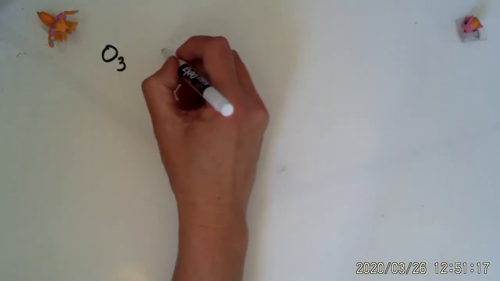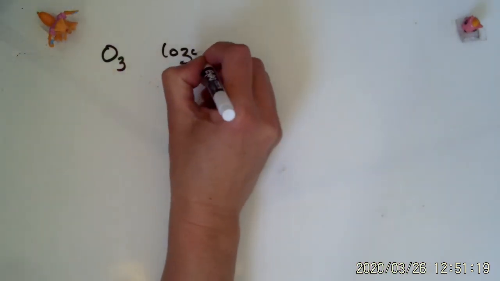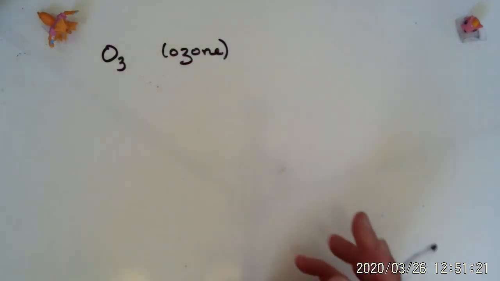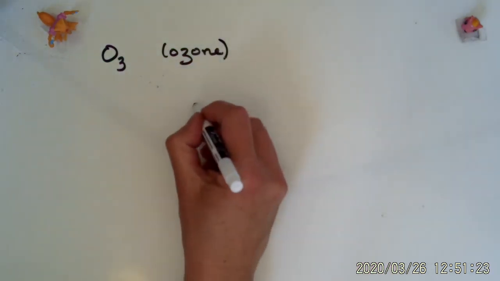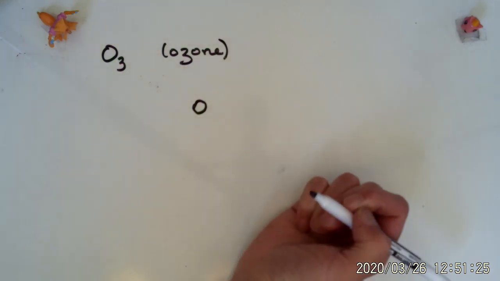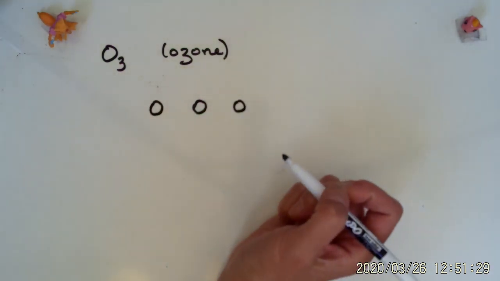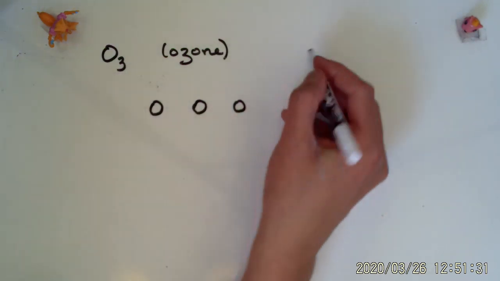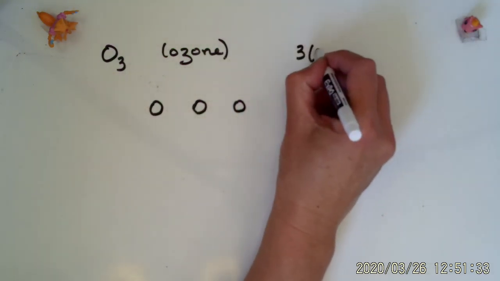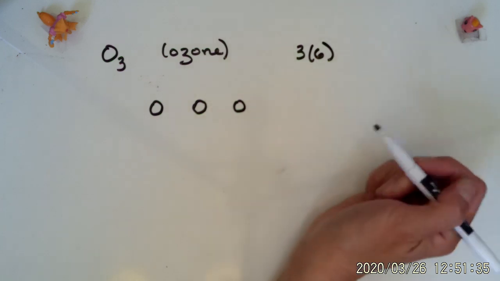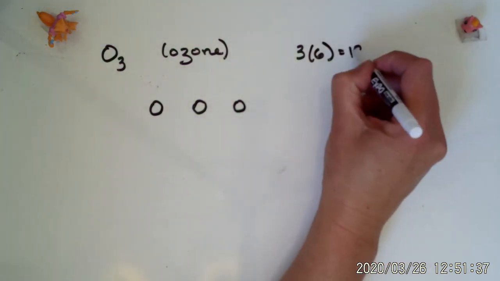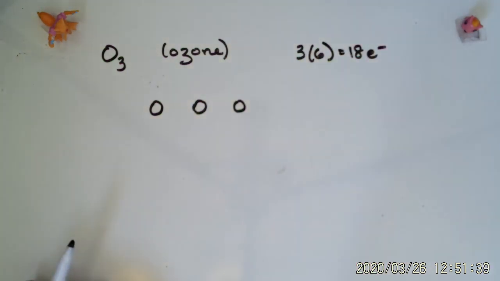Okay, so ozone. Since all of my atoms are the same, I'll have one as my central atom. You surround it with the other 2. And how many electrons does ozone have? Ozone has 3 times 6. Remember the group number 6A? Valence electrons. We have 18 valence electrons to work with.